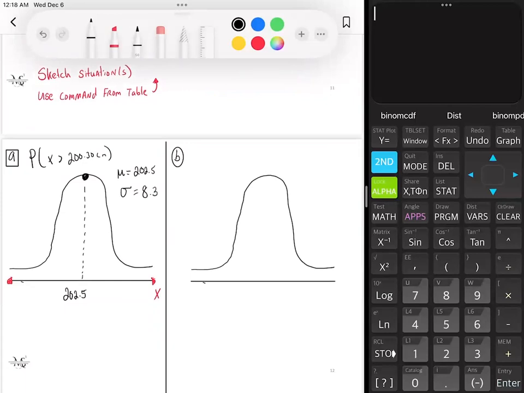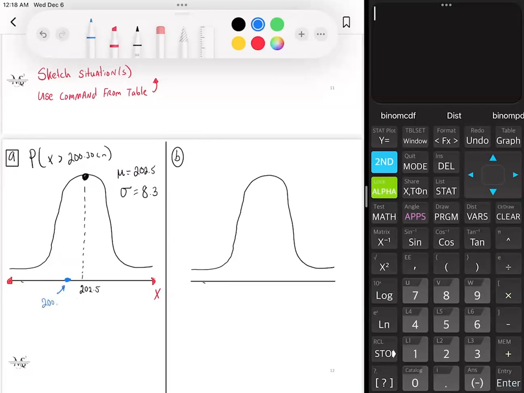Okay, now your value of x, which is 200.3, is a little bit smaller than this mean, right? So let me just rewrite the mean for us, so that way I could fit this. So the value of x that we have here is 200.3, and again, it's a little bit less than 202.5.